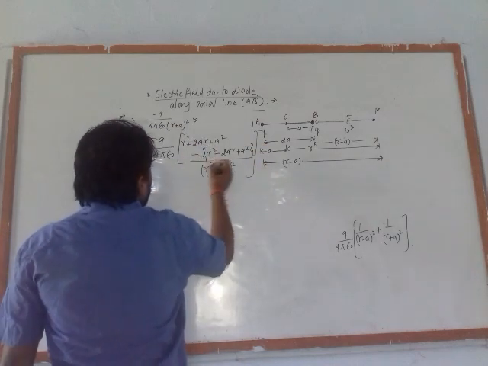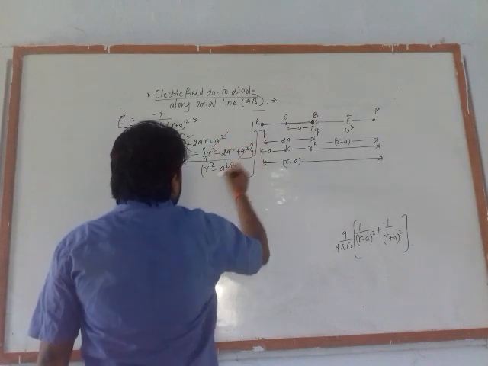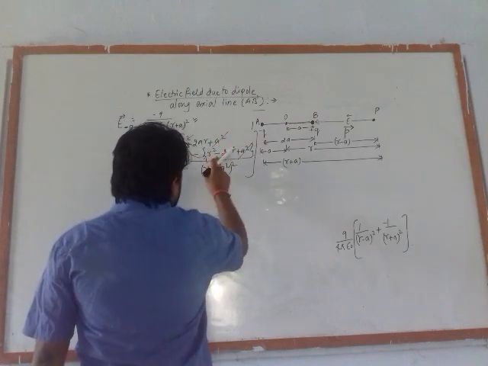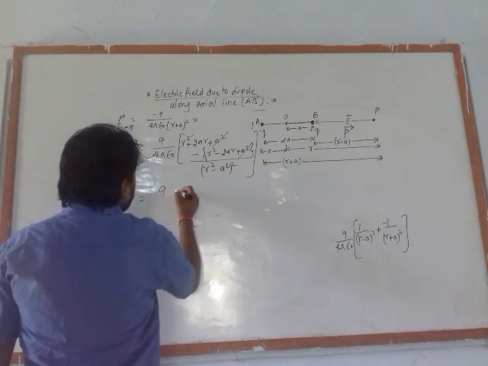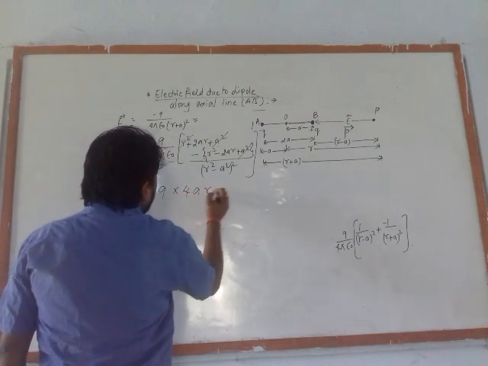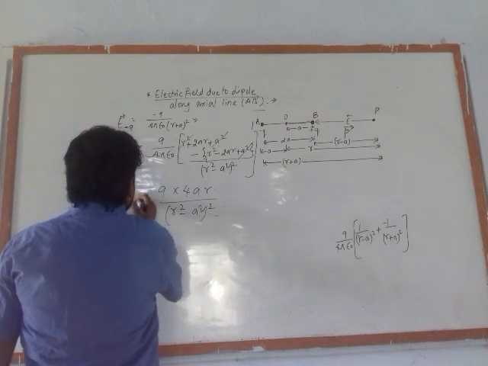Now R square and R square will cancel, A square and A square will cancel. Minus minus plus, so it will become 4A. So it will come Q times 4AR by R square minus A square whole square.